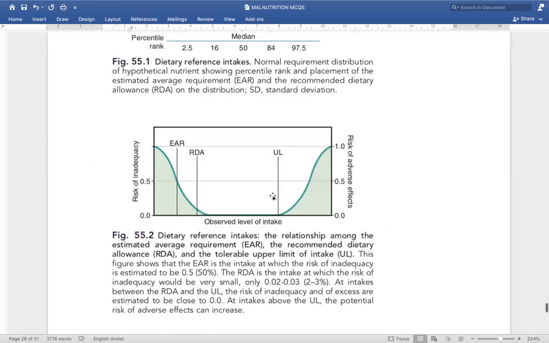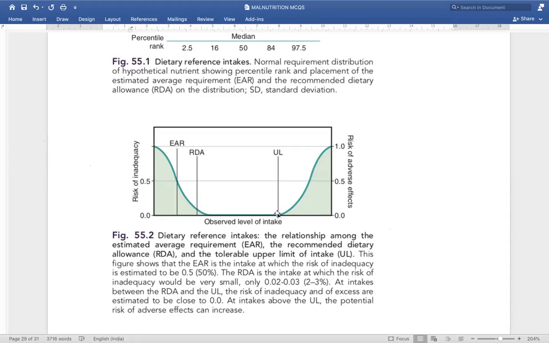And what is the upper limit? The upper limit is the maximum dose that you can give safely without any side effects. So this is the estimated average requirement. This only covers 50% of the people. The rest 50% will be deficient. If you give RDA, only 3% will be deficient. So this is sufficient for any vitamin. After that, if you continue to give, there will be no added effect.